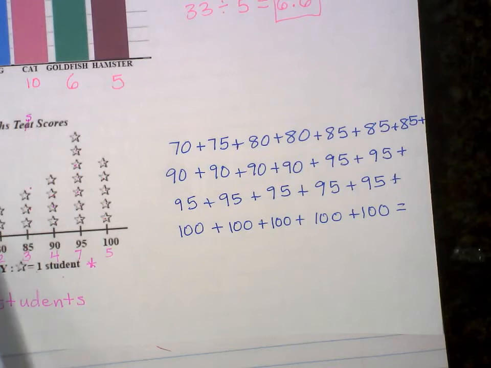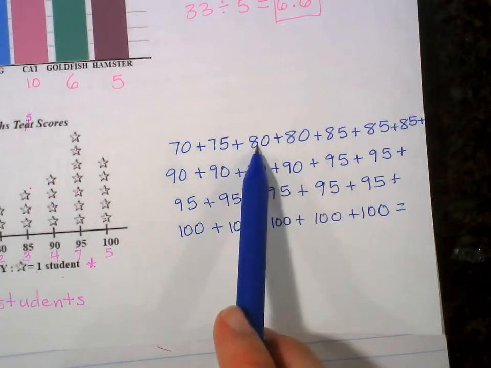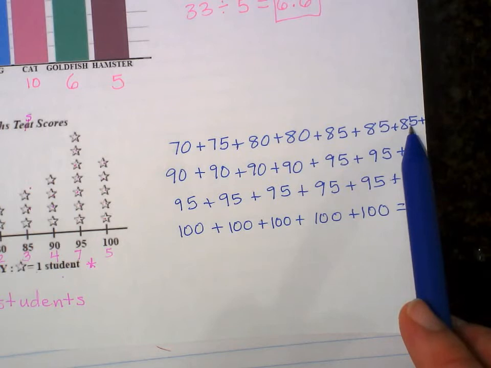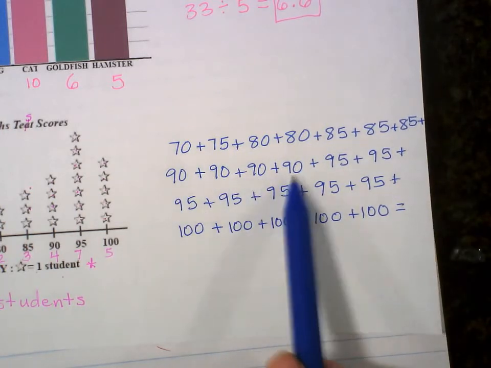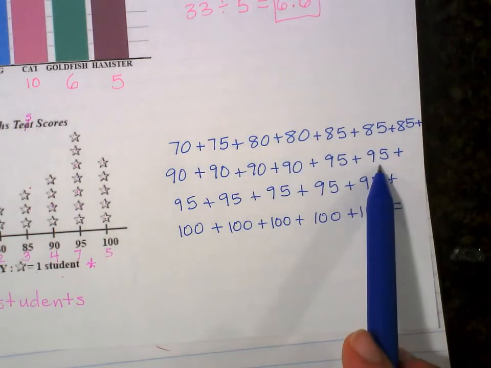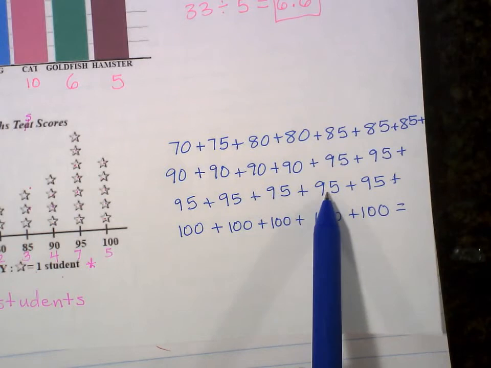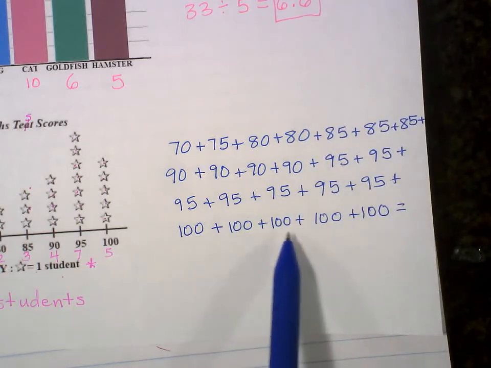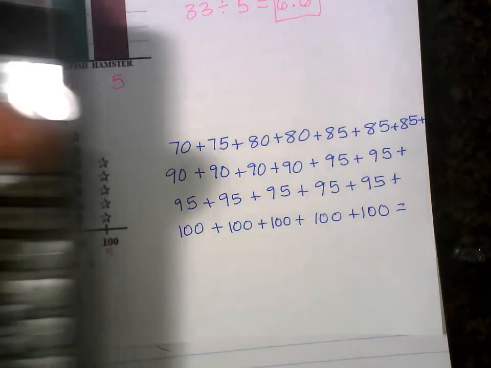So, if we had 23 stars, that means we should have written 23 scores. 1, 2, 3, 4, 5, 6, 7, 8, 9, 10, 11, 12, 13, 14, 15, 16, 17, 18, 19, 20, 21, 22, 23. It's really easy to leave one out, so always check it.